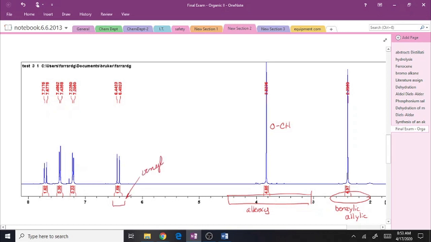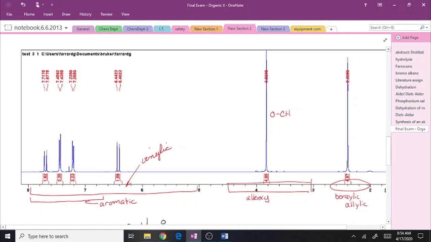It's a little low to be aromatic, although the vinylic region does extend really from about 5 at the low end, could be up as high as 8, a very broad region. It's a little low for aromatic, although there's a lot of overlap. The aromatic tends to be in this region here. So these other 3 peaks here could be aromatic and or vinylic as well.